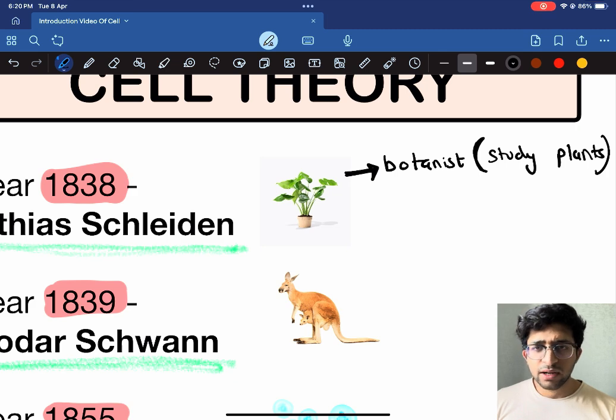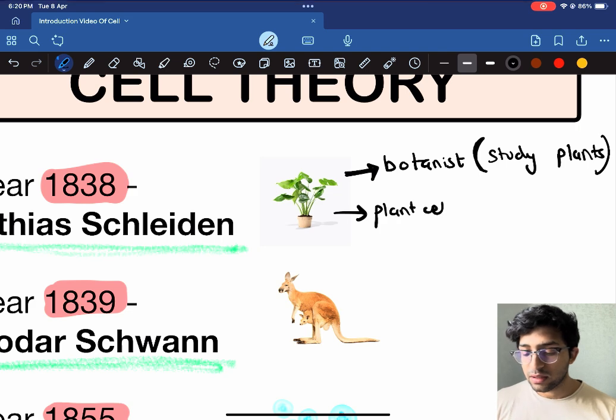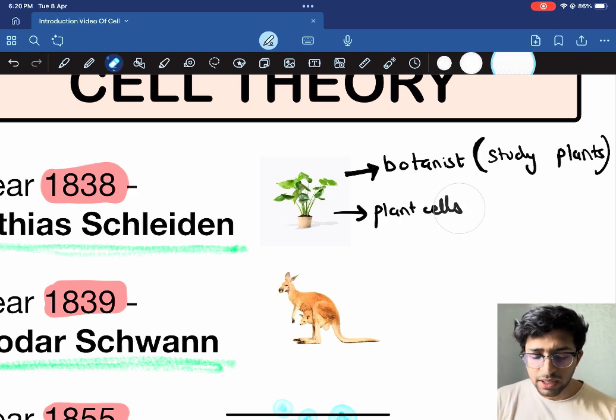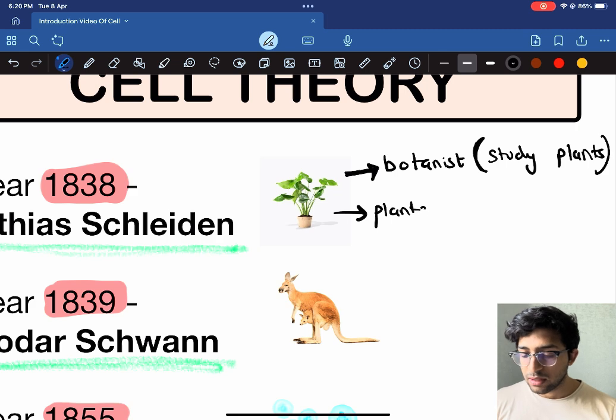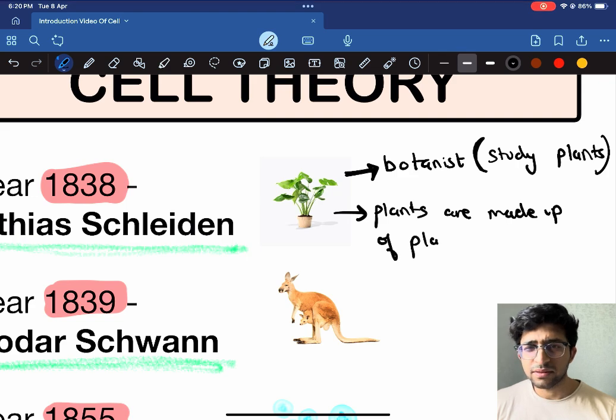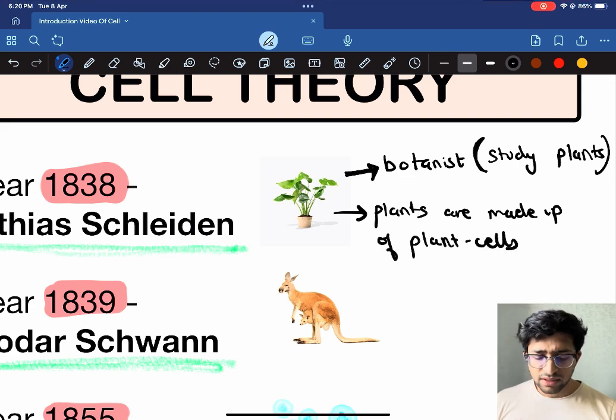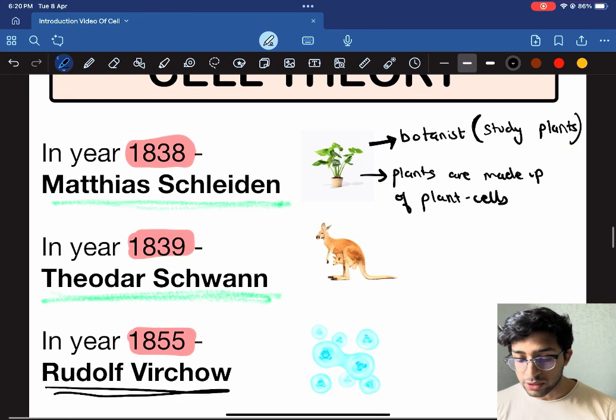This guy came with an interesting concept that all plants are made up of plant cells. Basic concept, right? Then this other guy was a zoologist.